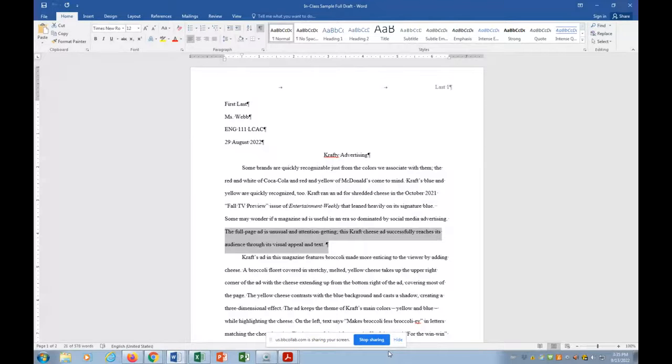This is one example, okay? Your thesis statement doesn't have to be the last sentence in the paragraph. You don't have to talk about color. You don't have to lead with the ad's context, but we found this to be a useful way of doing it. You can also draft an introduction and then change the order of it.